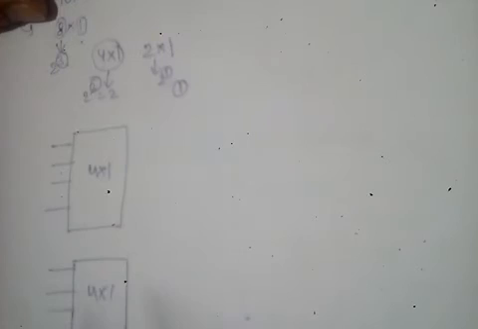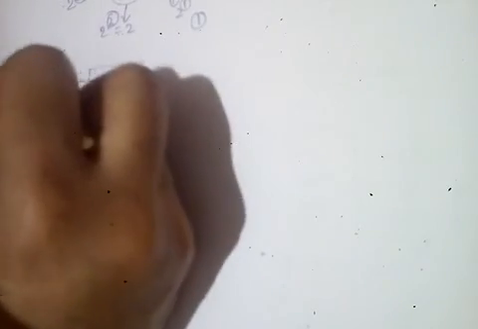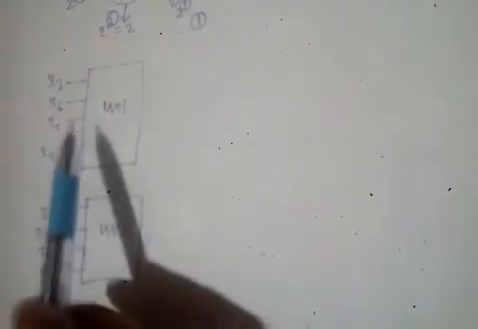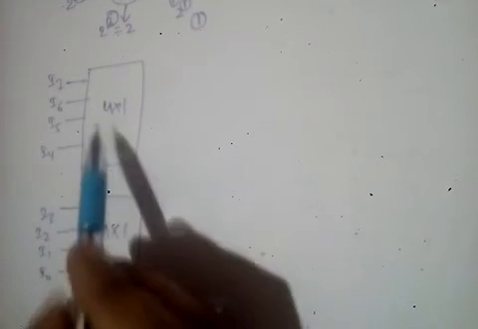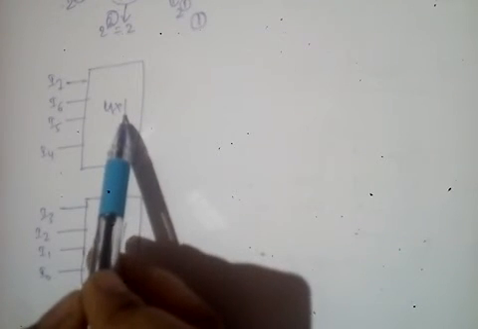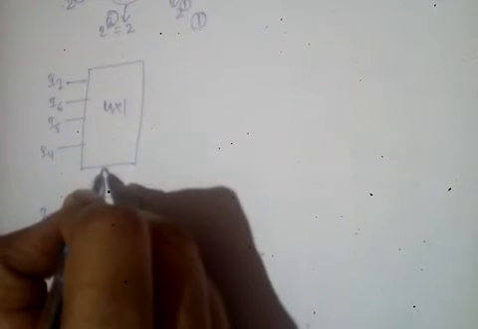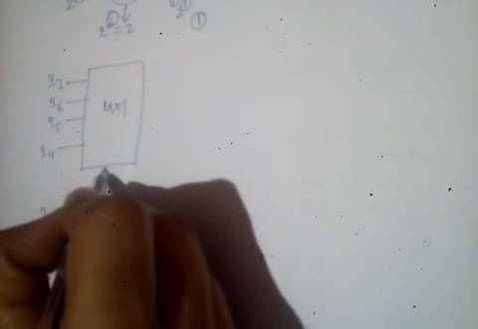So total we have 8 input lines. So suppose this is I0, this is I1, this is I2, this is I3, this is I4, this is I5, this is I6, and this is I7. So we have total 8 input lines here, and 4x1 mux needs 2 selection lines. So we will connect 2 selection lines.